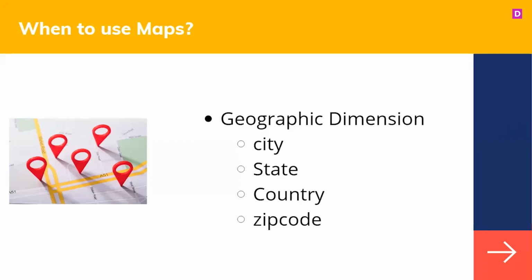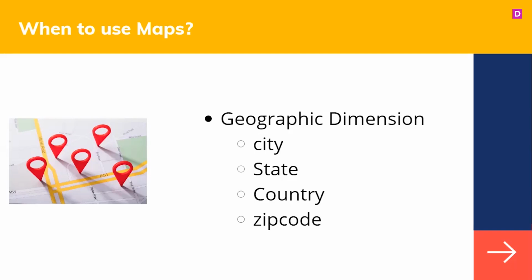Now, this actually leads to another question. In case you say it is a geographic dimension, what do you mean by that? Any kind of region-wise data you have, maybe in the form of state, city, country, territory. All of these things can be represented by their corresponding latitude and longitude values.